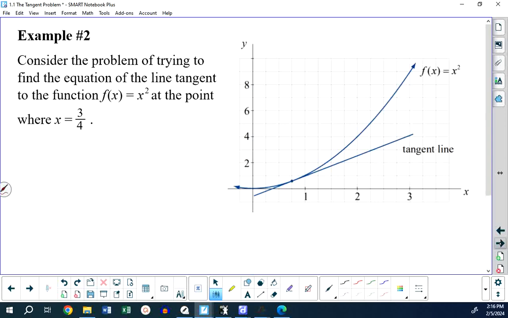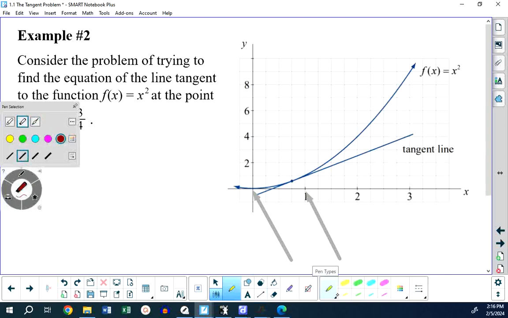And you can put 3/4 in here if you like. I would say the less you draw in this diagram, the better. I would just say that you should know that if this is 1 and this is 0, then each of those squares is a quarter. So that x coordinate is at x equals 3/4.